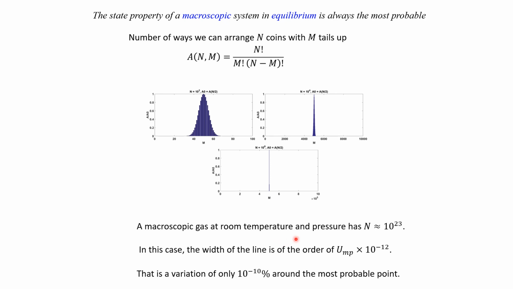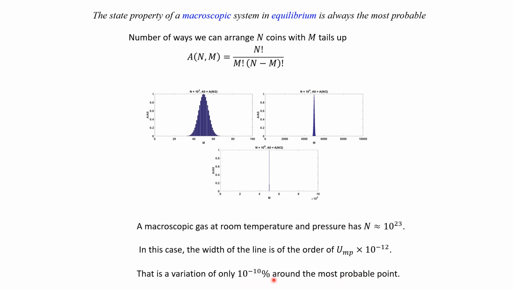So to give you an idea of the numbers involved, let's suppose that the system is indeed macroscopic. So when we say macroscopic, we are talking about order of moles, so 10 to the power of 23. So in this case, the width of the line is of the order of the most probable energy times 10 to the negative 12. So this is an error of only 10 to the negative 10% around the most probable energy.